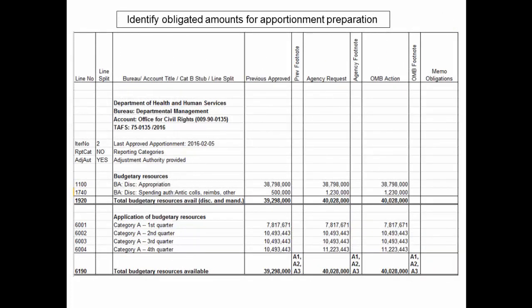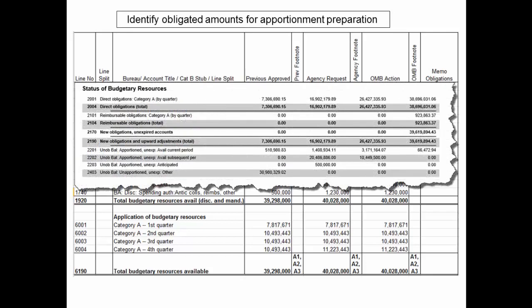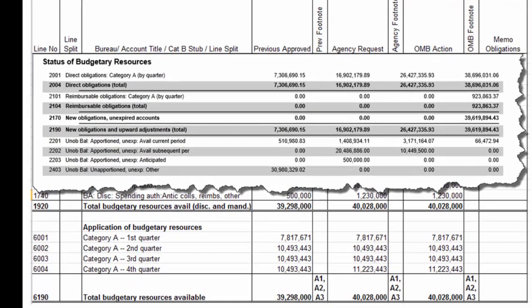It's quite handy that as of FY 2016, the SF133s are reported in dollars. That means we can now use the SF133 to provide memo of obligations data for apportionment preparation. Let's assume we need to prepare this OCR apportionment, and we need memo obligations data.